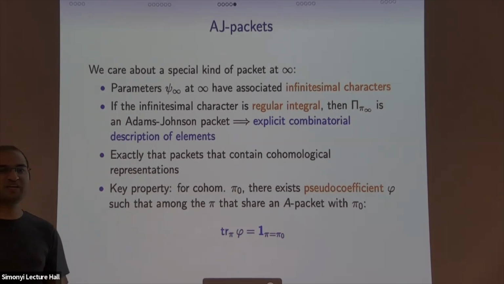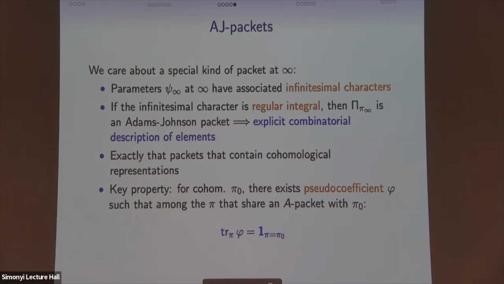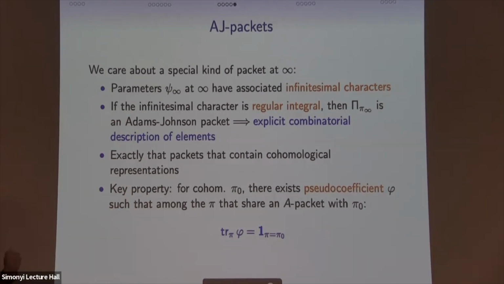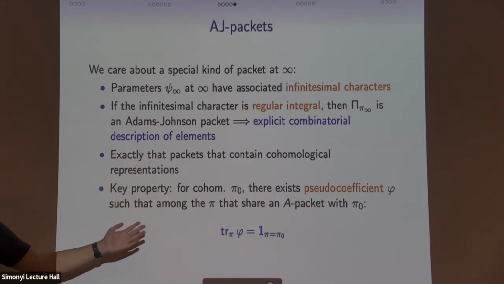Basically, we can't construct a test function that picks up pi 0 amongst all unitary representations, but we can pick a function that picks up pi 0 amongst all unitary representations that share an Arthur packet with it. This is a very important thing for our method, and this is what we're going to try to abuse.